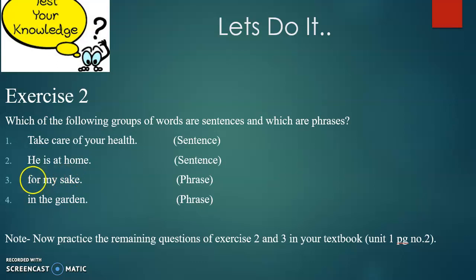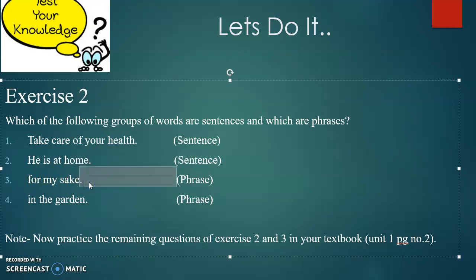It means it is not completing the rules of a sentence. We can say it is a group of words with no verb, and it does not start with a capital and does not end with a full stop. It means it is not a sentence, it is a phrase.